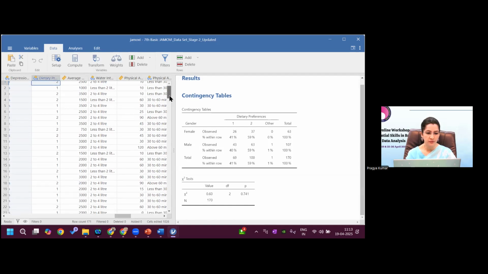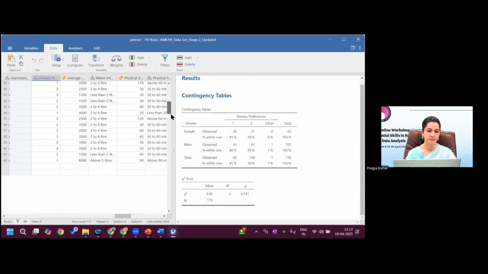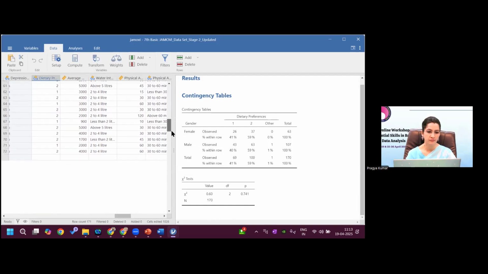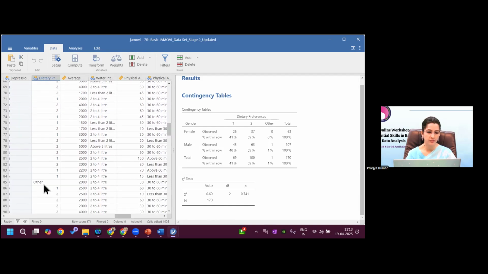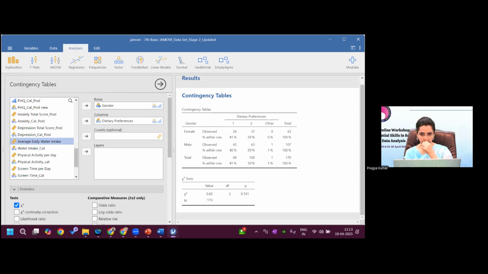Where should I find? It will come there, it is written there. Yeah, this one. So I'm just putting it to 2, so now it is having 2 levels. So if you see what is 1 and what is 2. Oh, it is again there. Okay. So now you can see there are two.